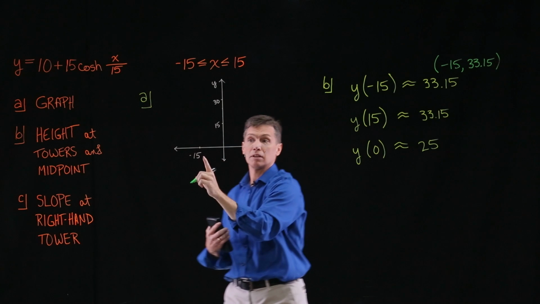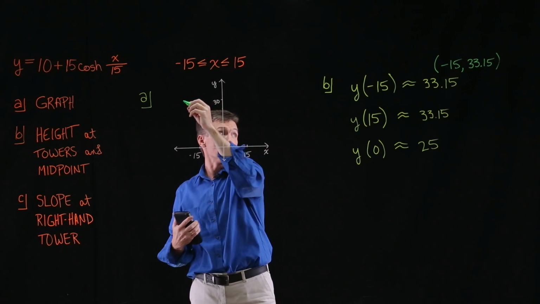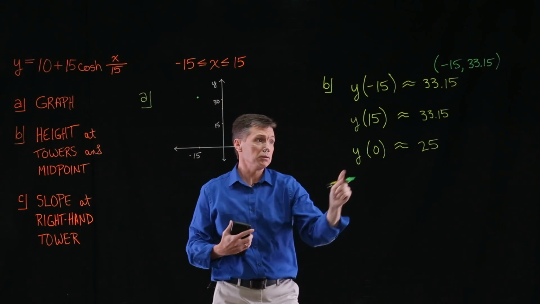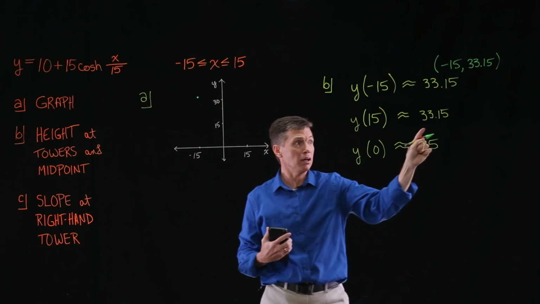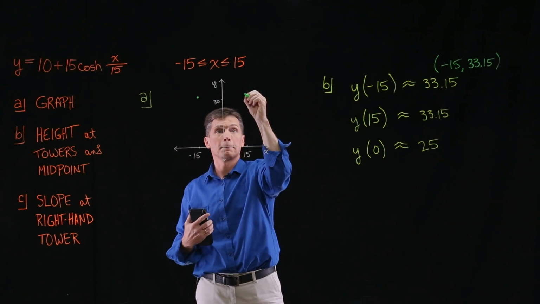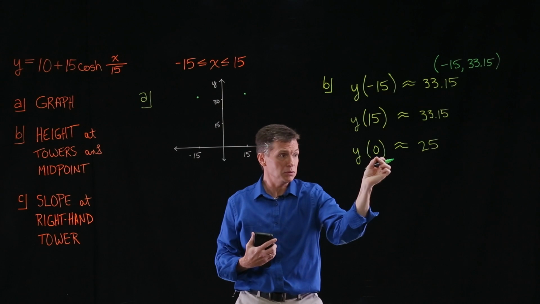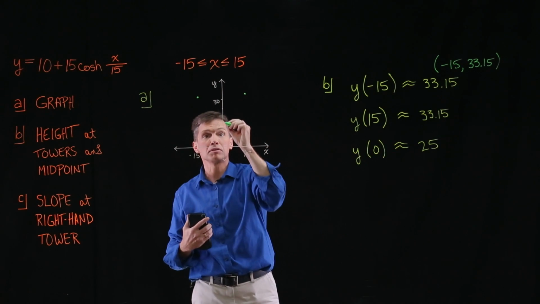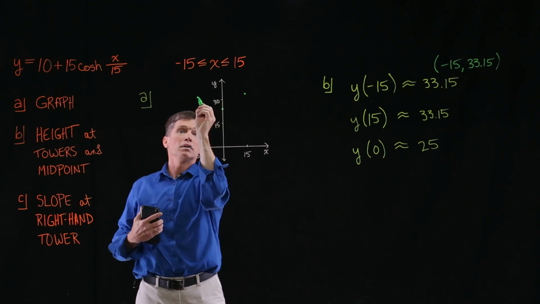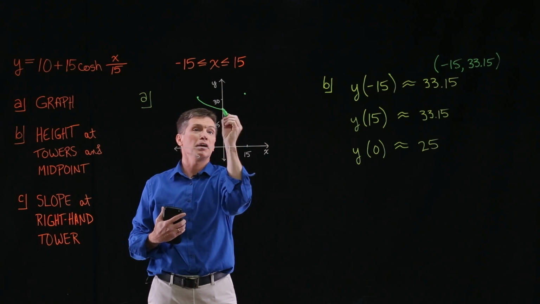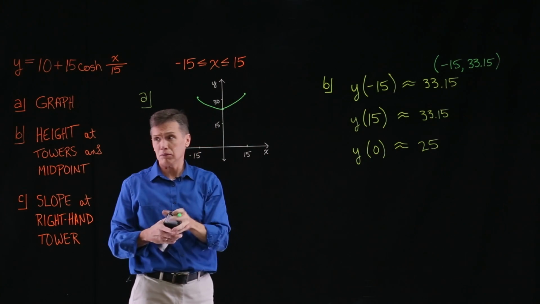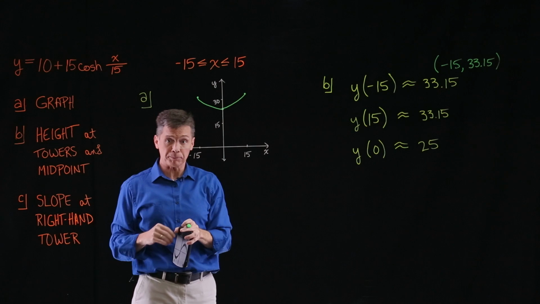So in my graph, negative 15, 33, right about there. Okay. Similarly, 15, comma 33.15. So here and up. And finally, 0, comma 25. That would be about here. And I'll try to draw my best hanging cable. That's it. That's it for part A and actually part B.